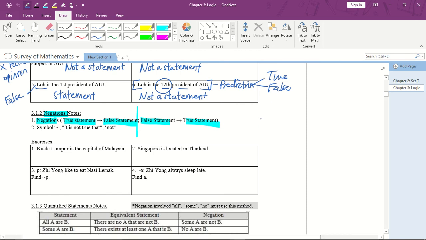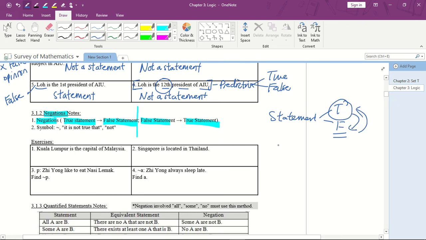Just now we talked about statements. A statement can be either true or false. Now, if your statement is a true statement, negation can help you make it a false statement, and the other way around, if it is a false statement, it can help you make it a true statement. Okay?